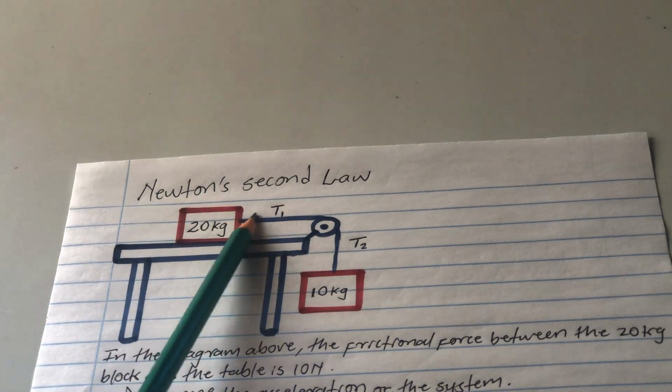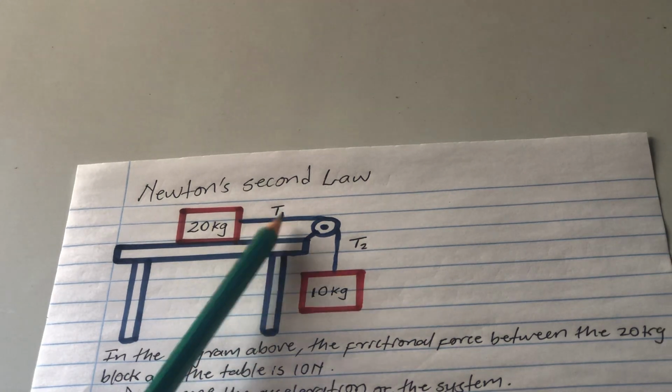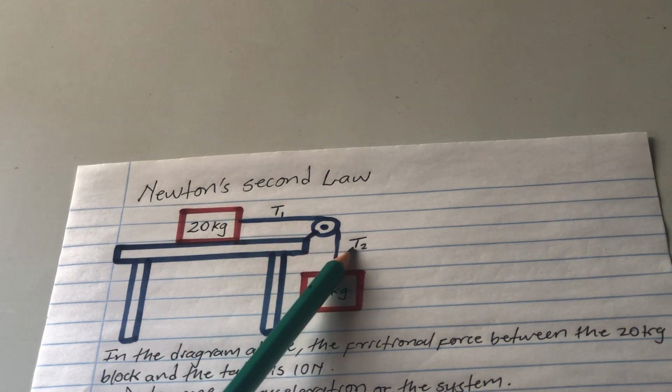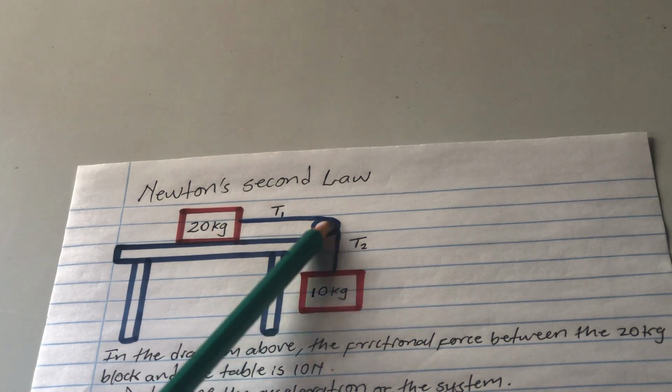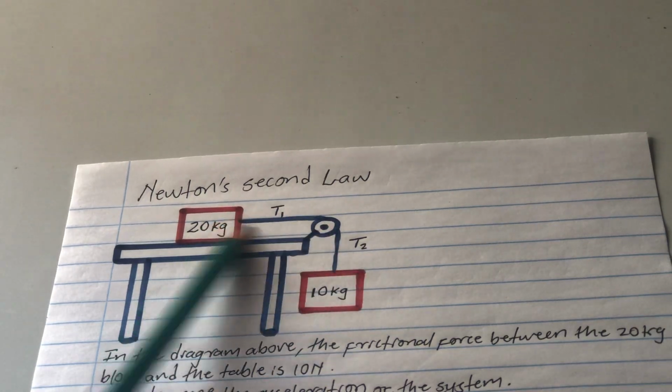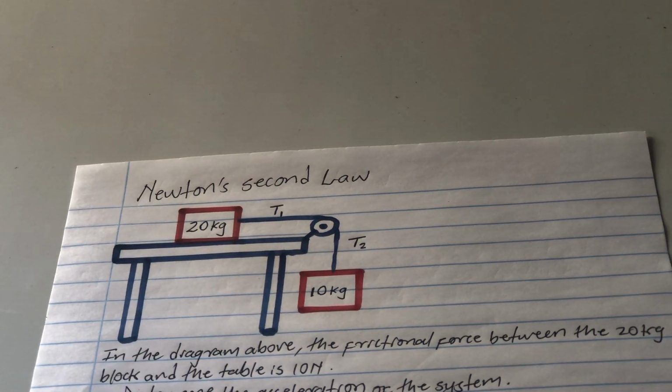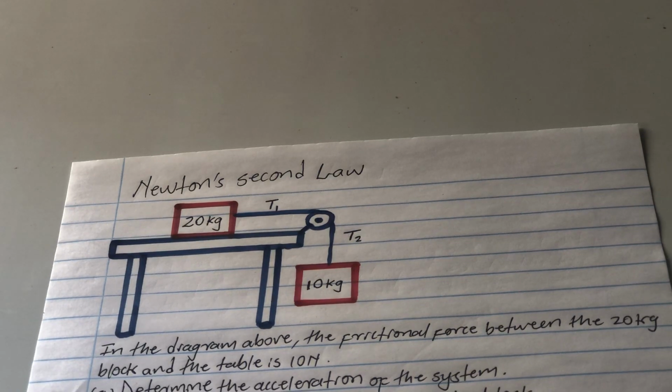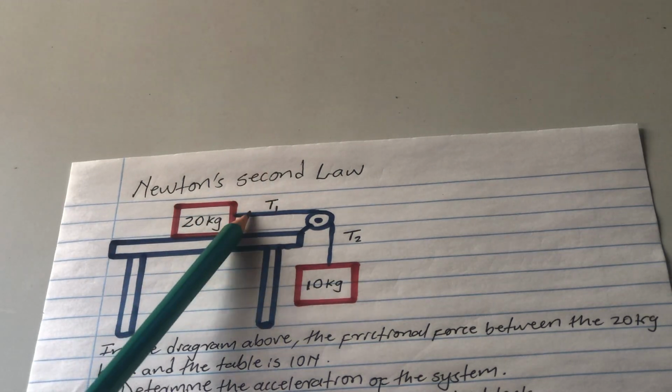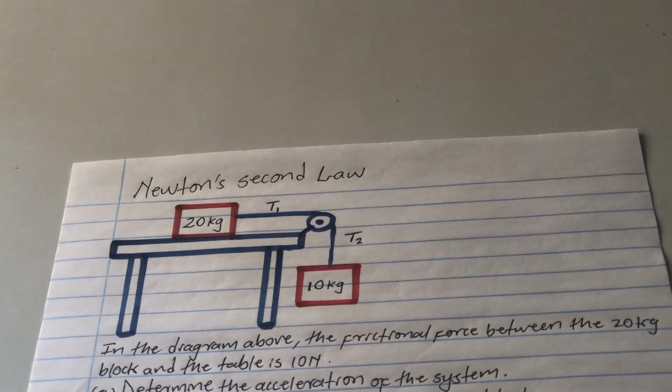The tension must be the same, meaning that T1 must be equal to T2 because this is the same string. When doing this calculation, we must keep on reminding ourselves that the tension in the string is the same.